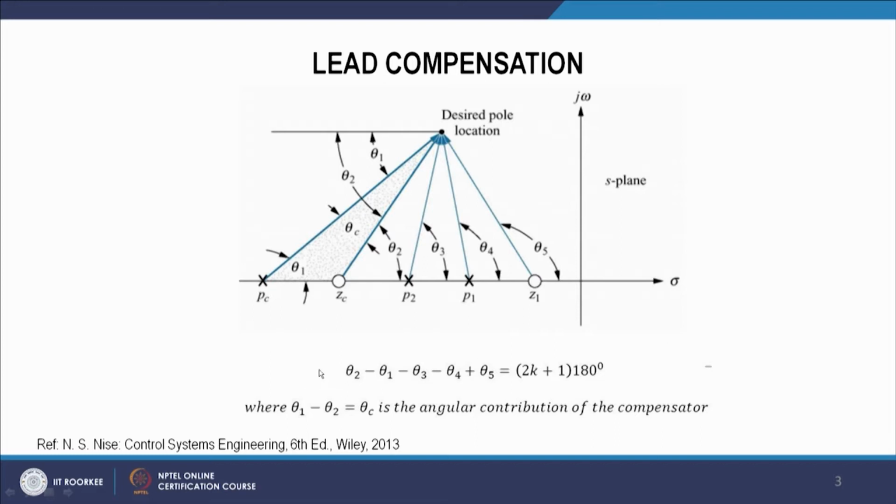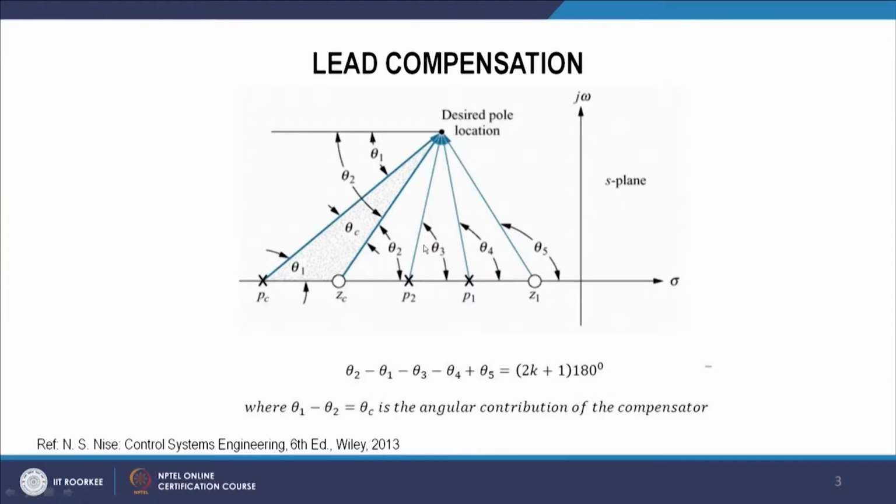The angle theta 2 is due to the 0, so it is positive, minus theta 1, negative, minus theta 3, negative, minus theta 4, plus theta 5 equals 2k plus 1 times 180 degrees.